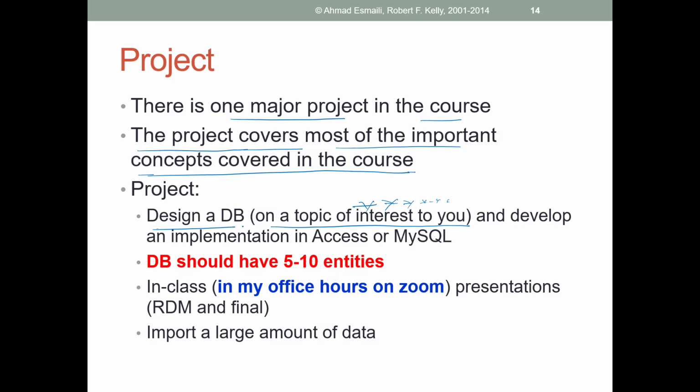So you have to design a database on a topic of interest to you and develop an implementation in MS Access or MySQL. Now, the project should be of decent size. It should not be overly simplistic. The question arises, how will we evaluate the complexity of the project? For that, we will use the number of entities.